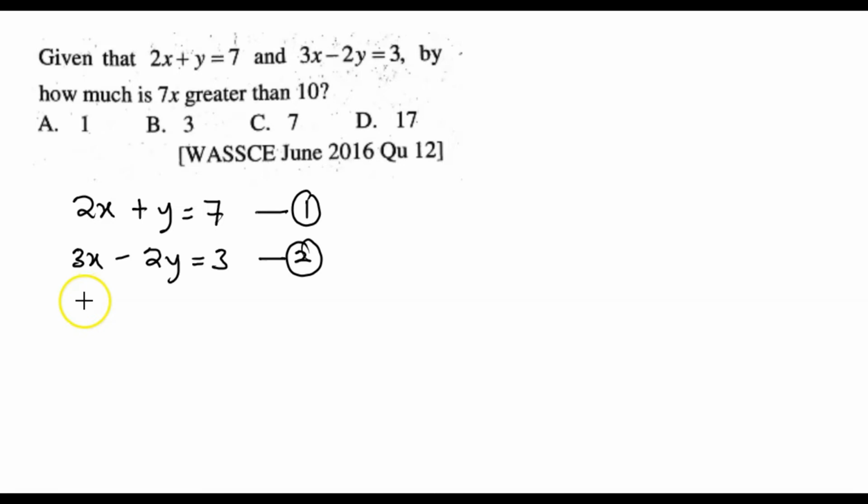So from equation 1, we can make y the subject. So y will be equal to 7 minus 2x.